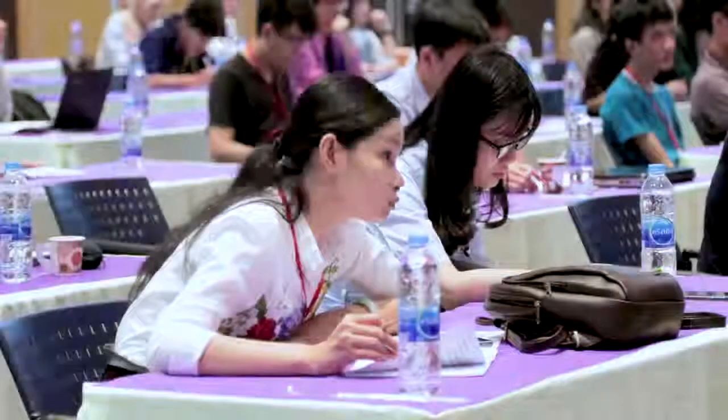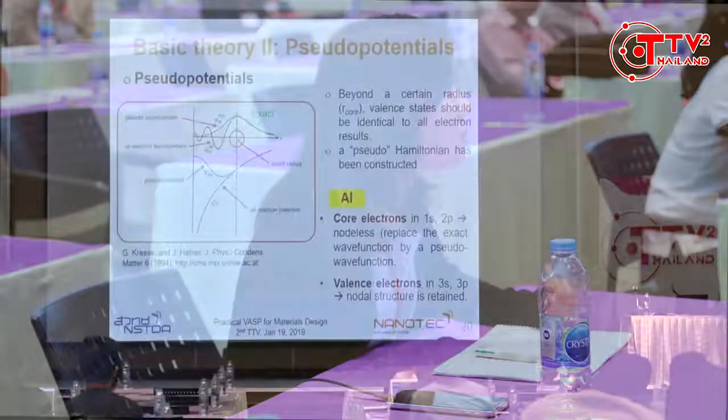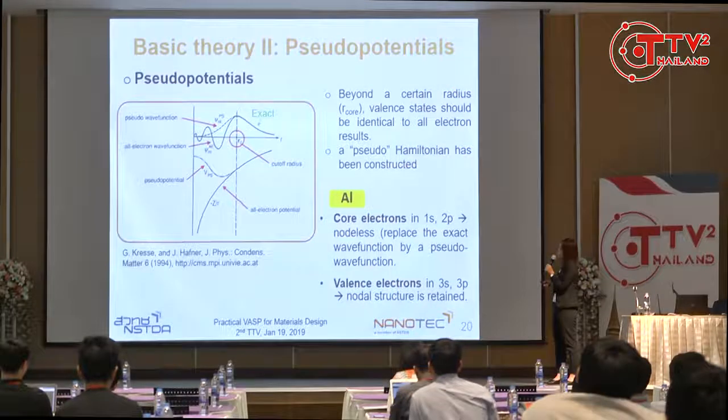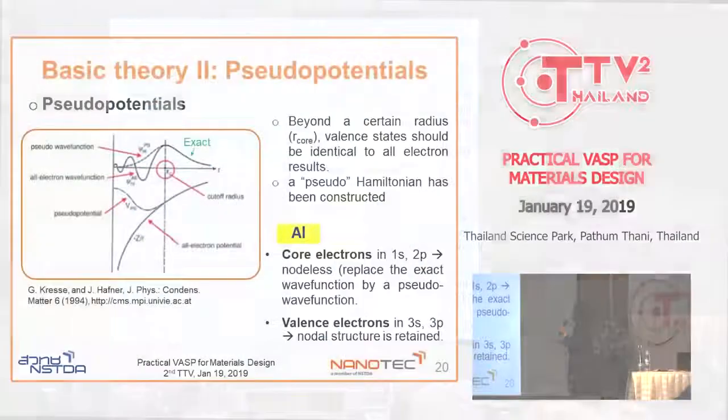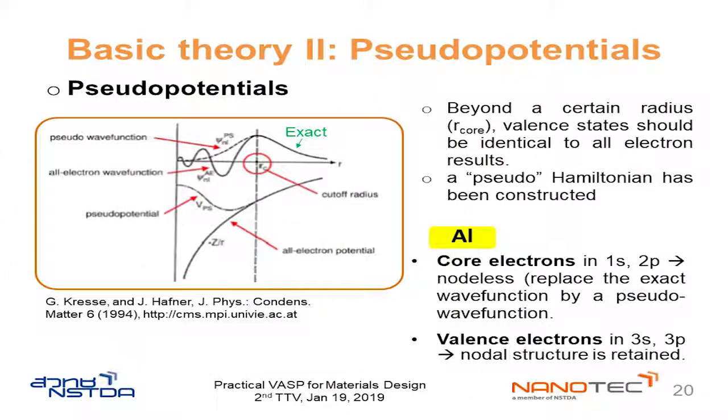So instead of treating it as the exact function, we replace this with a pseudo wave function, one pseudo wave function. And for the wave function of the valence electrons, we treat it like the exact function, and we also apply it for the potential part and the wave function part.